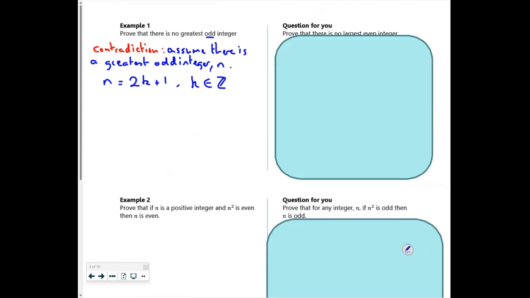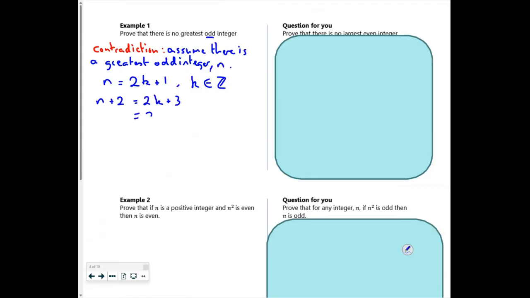So if that's my greatest odd integer, if I just add 2 onto it, that'll be 2k plus 3. I'll leave it as 2k plus 3.